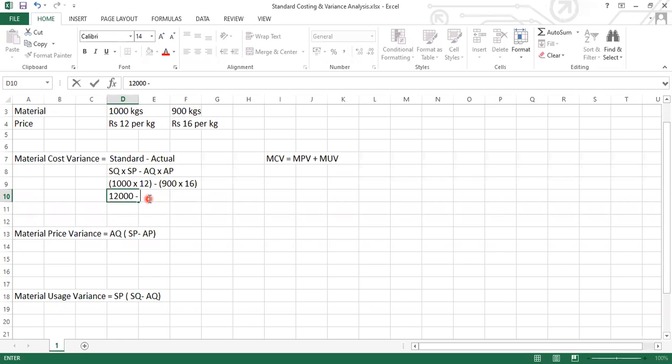So this will be 14,400. Now see, standard minus actual. We had set the standard at 12,000, but actually how much has the material cost been? 14,400. So is this favorable or adverse? Obviously it is adverse, because here the actual cost is higher than the standard cost. Find the difference of both. It is 2,400 adverse. And we denote adverse by writing capital A.